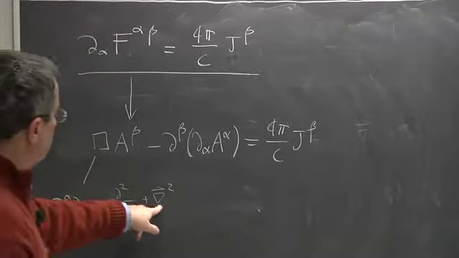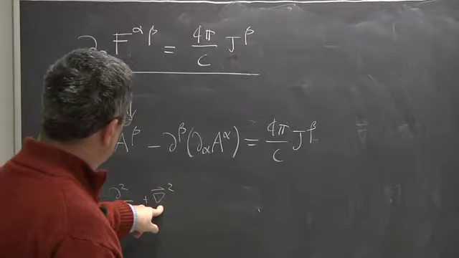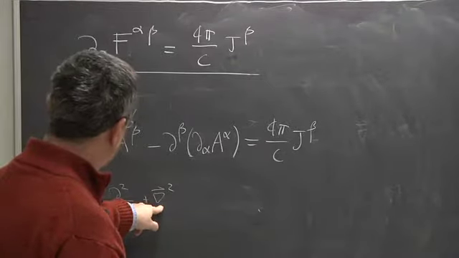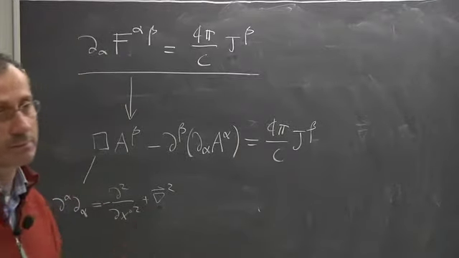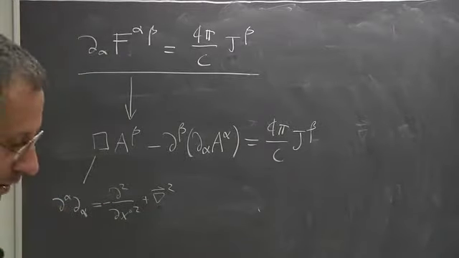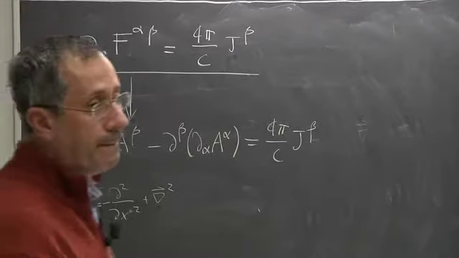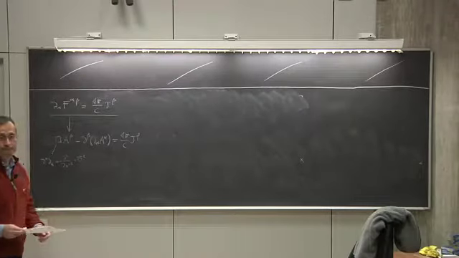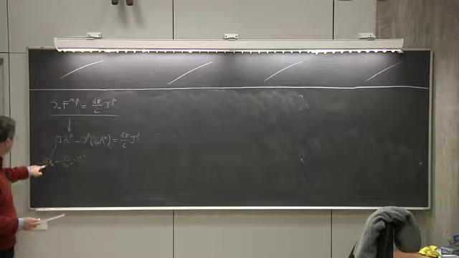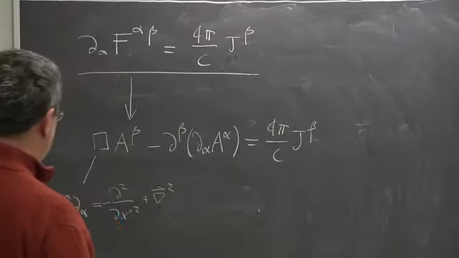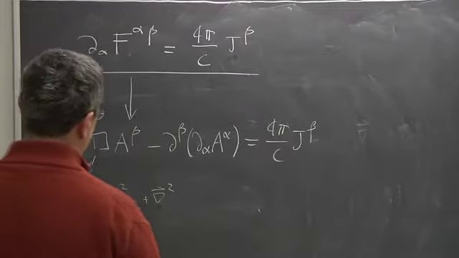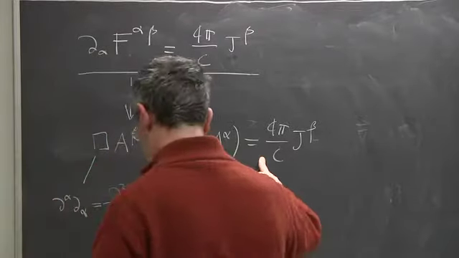So this is the Laplacian, and usually this square is called the D'Alembertian.